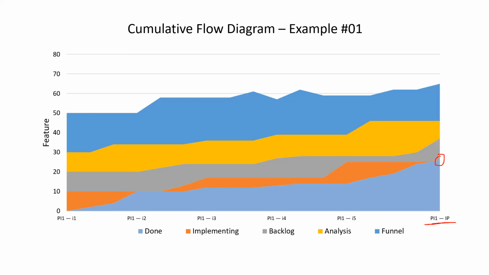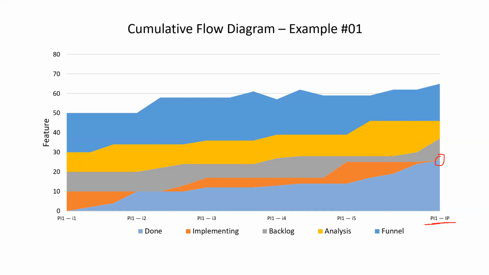As a team, let's discuss how we want to move the items from backlog to implementing. And again, as you can see, the analysis line is flat, which means nothing from the funnel is moving into analysis.